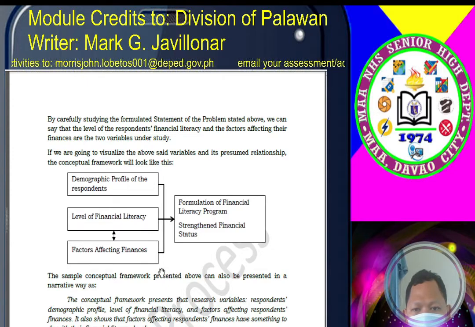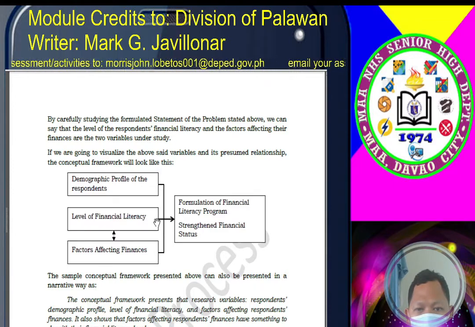As you can see, this is our independent variable. In making a conceptual framework, it is customary that on the left side is your IV and your DV is on the right side. This arrow points this way, so this is the directional hypothesis. Okay, later I will discuss that.